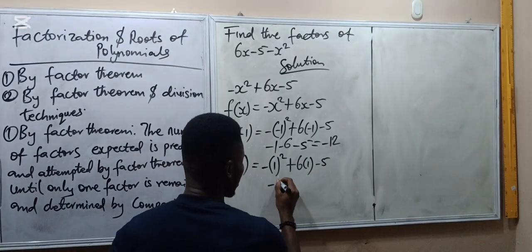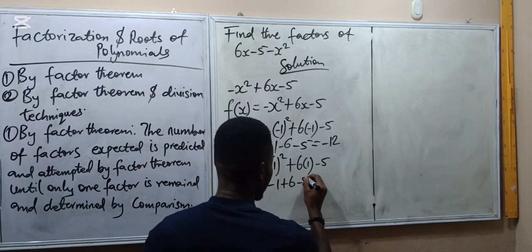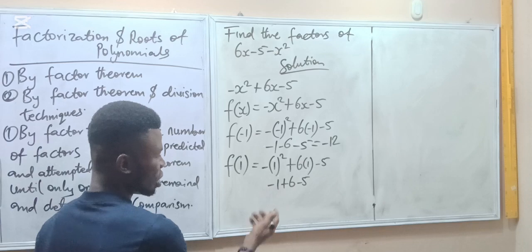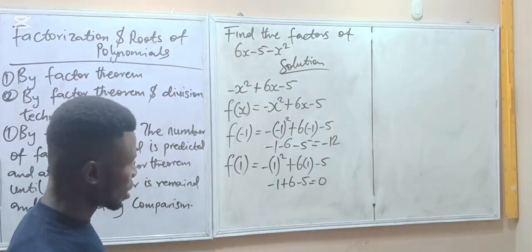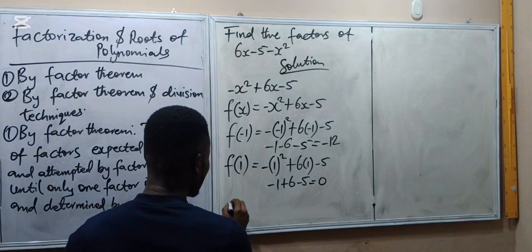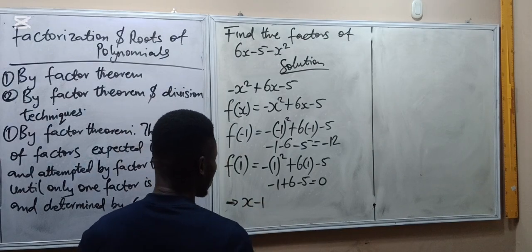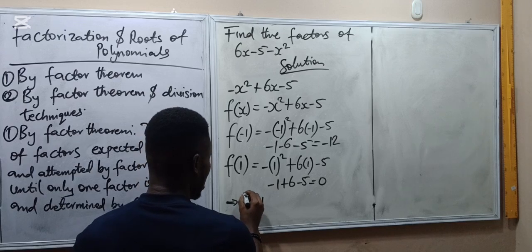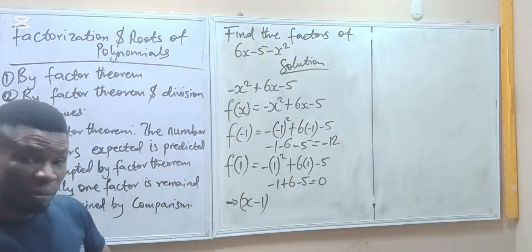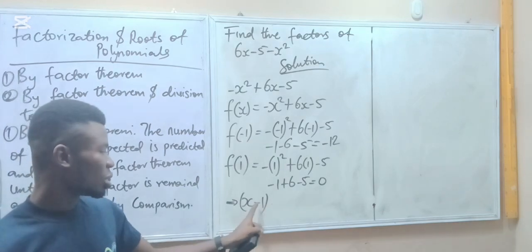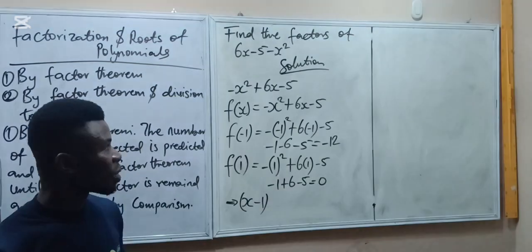This gives us minus 1 plus 6 minus 5, and if you notice, this is equal to 0. Right? Therefore, this implies that x minus 1 is one of the factors, because if you equate this to 0 and take 1 to the other side, it becomes the one we used here. That means x minus 1 is one of the factors.